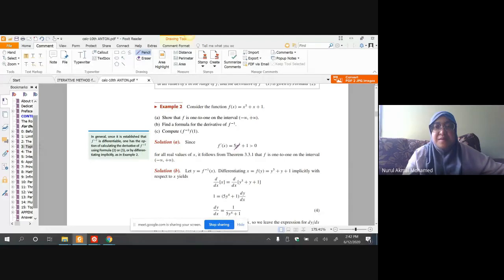So f prime of x is 5x to the power of 4 plus 1, which is always greater than 0. We know that because x to the power of 4 is always greater than or equal to 0. If x is equal to 0, then the whole thing becomes 0, and what is left is 1. 1 is always greater than 0.